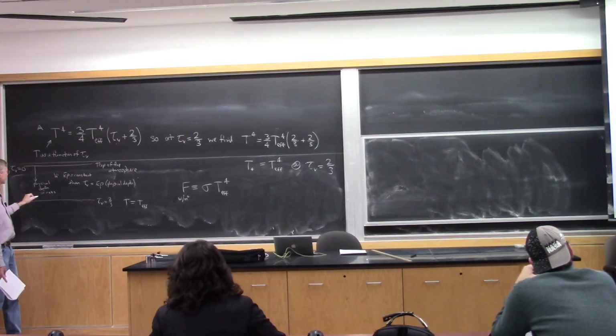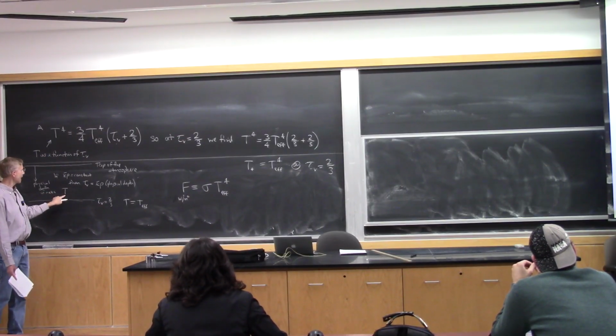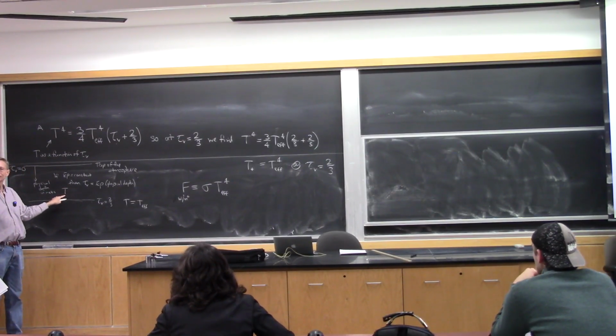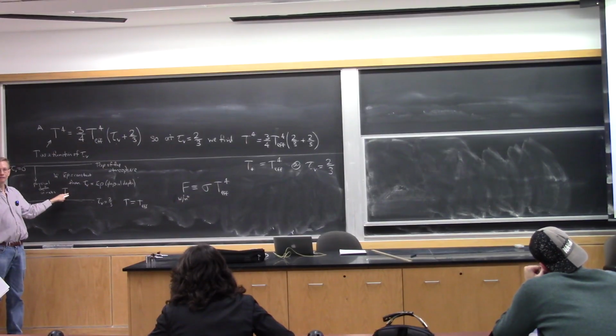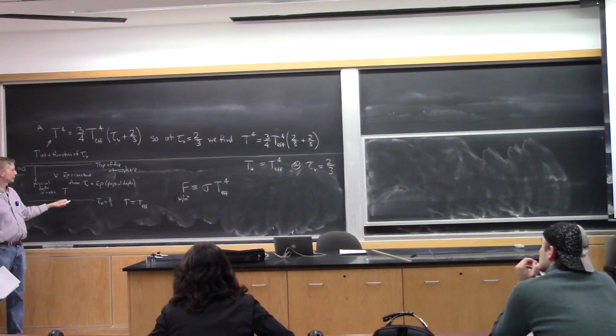But above that layer, is T higher or lower than T_eff? Above tau_V equals 2/3, is the temperature higher or lower than T_eff? Lower, because higher up is lower. The temperature gets higher as you go deeper down.